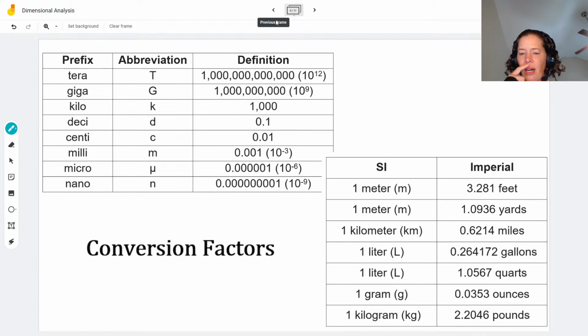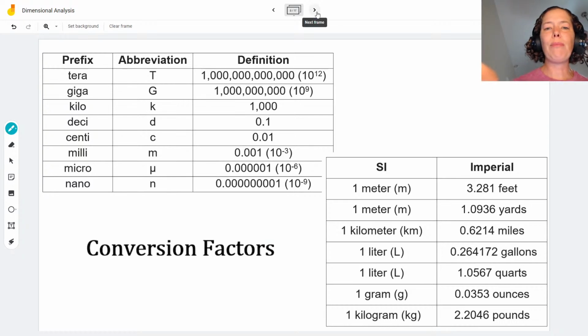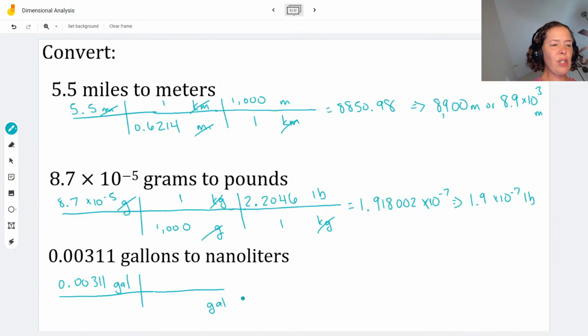So I can go gallons here to liters. And of course, from liters, I can go to nanoliters, which is right here. Again, this is 10 to the negative 9th. So this is going to be a 2-step process. So first, let's go gallons to liters. And then we will go liters to nanoliters.